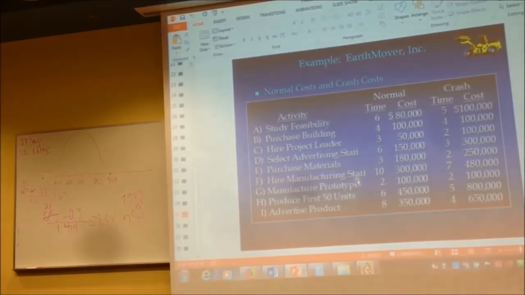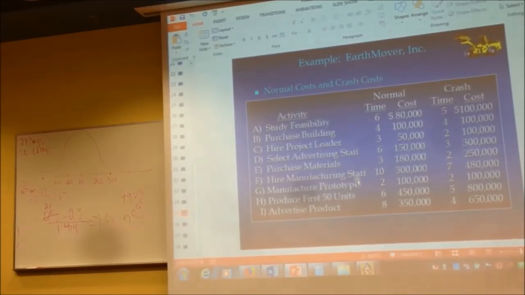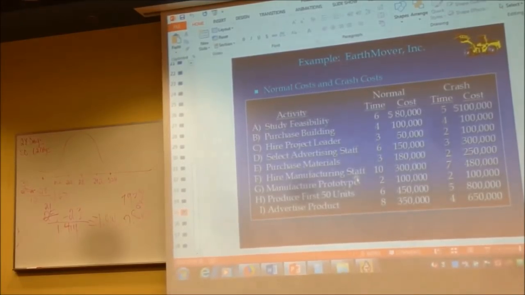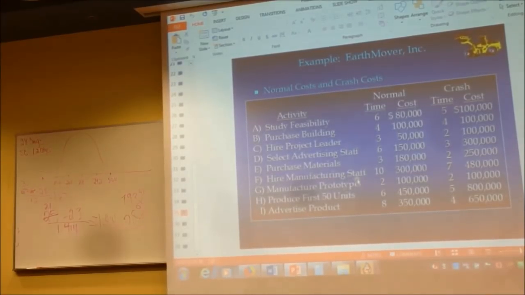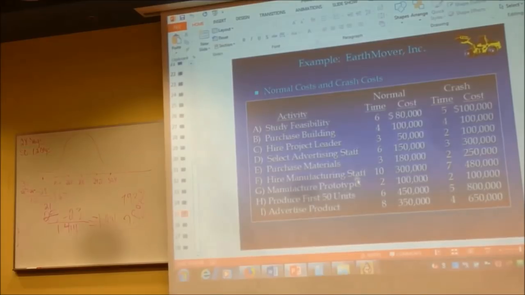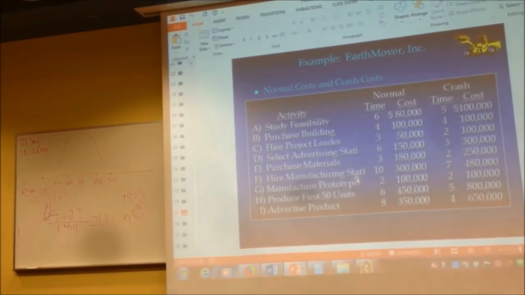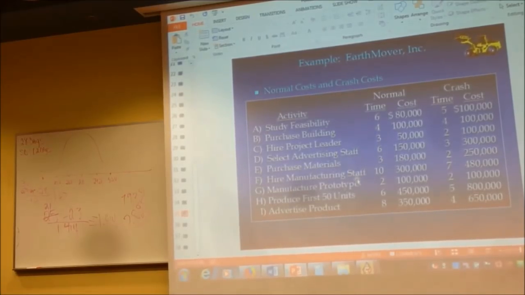B is out of it. C, $50,000 total, 1 unit of time, we divide that, we get 50,000. D, we could gain 3 units of time for an additional 150,000. 150,000 divided by 3 per 1 unit of time would be 50,000.